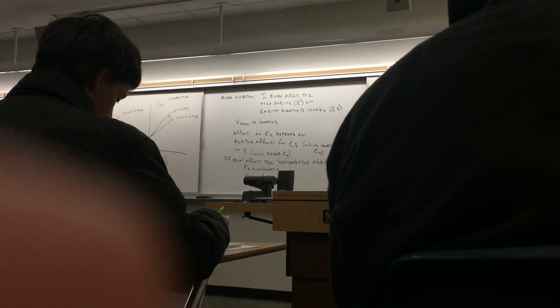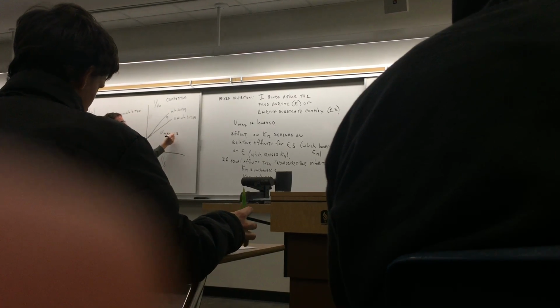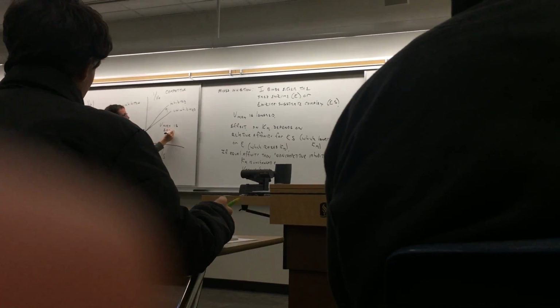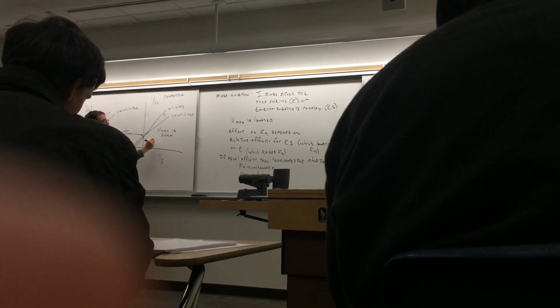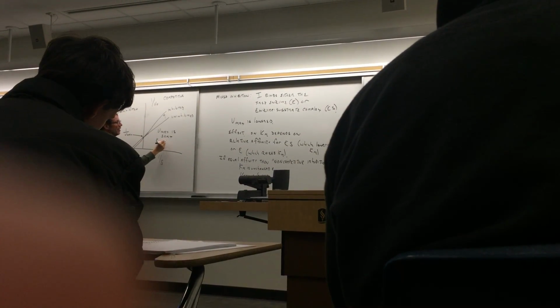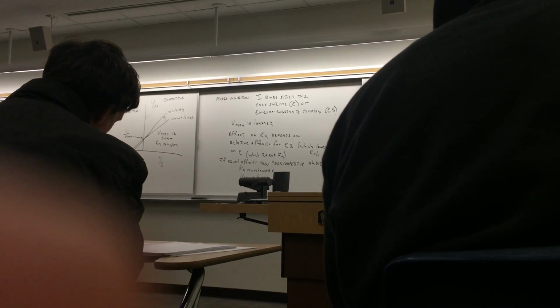Because what we've done is Vmax is the same, thus our 1 over Vmax is the same, Km is higher. This is where you have to do a little mental gymnastics.